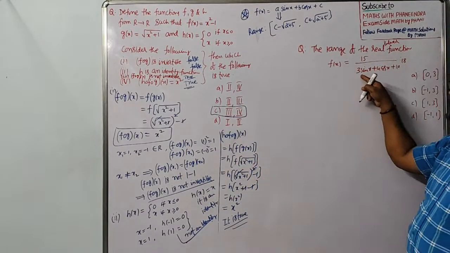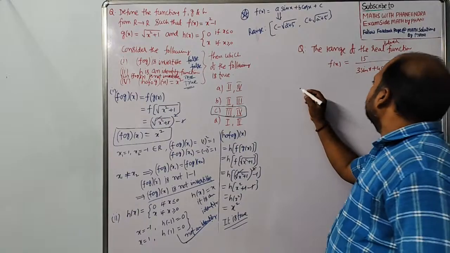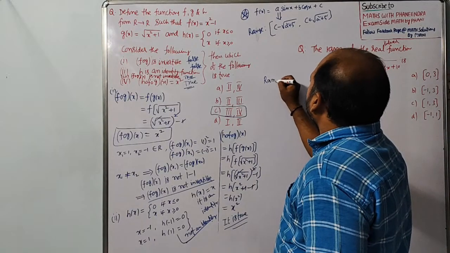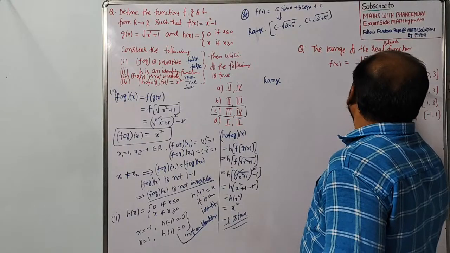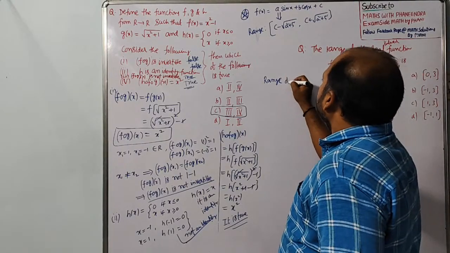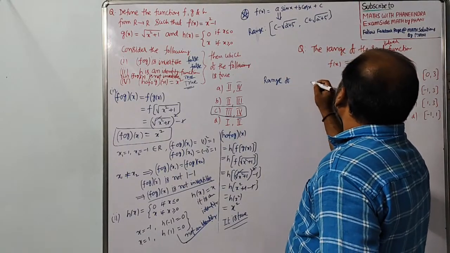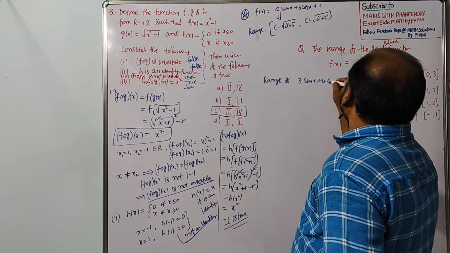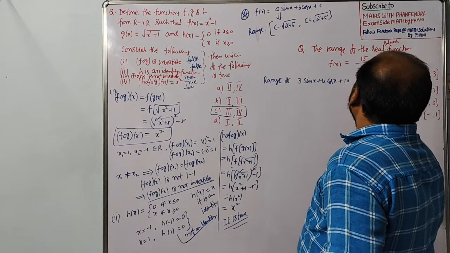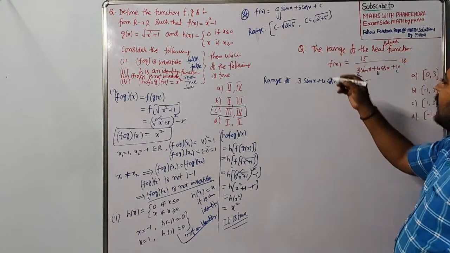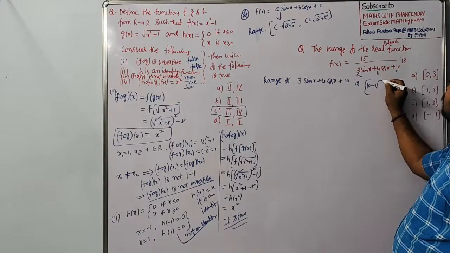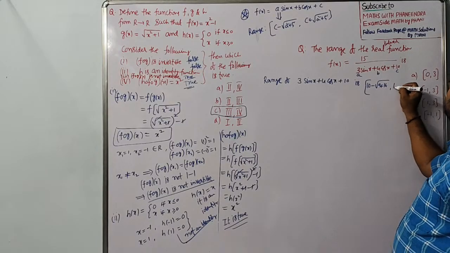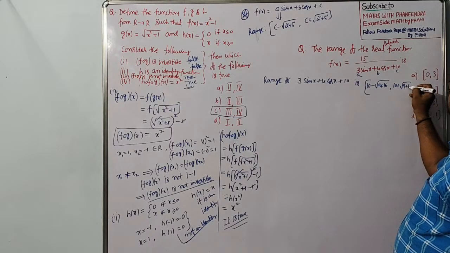First, what we have to do is calculate the range of this function. This is a, this is b, this is c. Range of 3 sin x plus 4 cos x plus 10 is closed interval c minus, that means 10 minus root of 9 plus 16, 10 plus root of 9 plus 16.